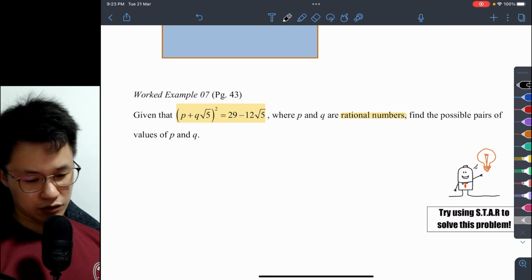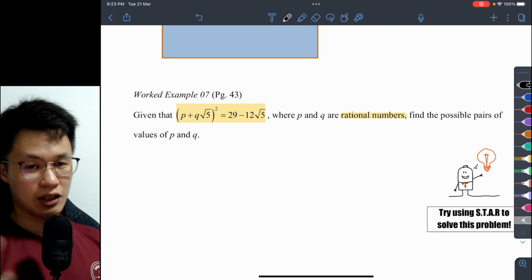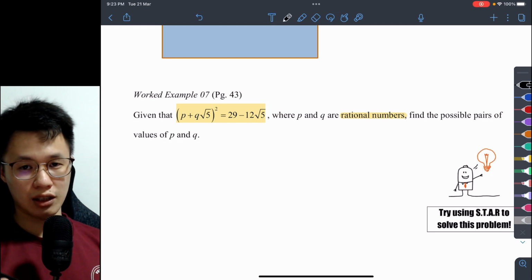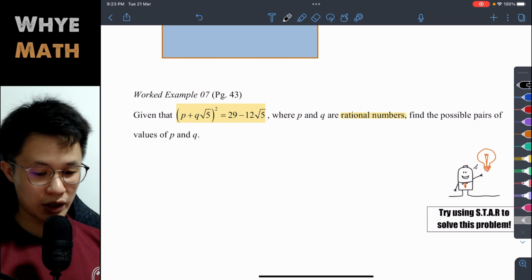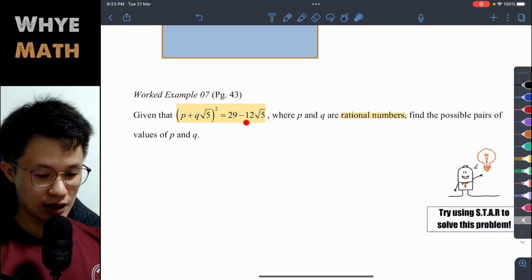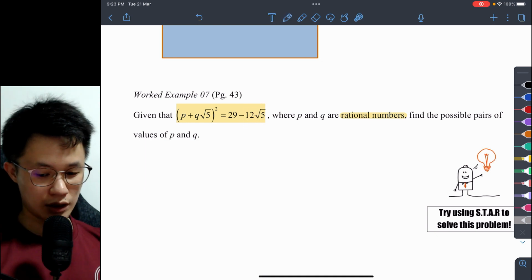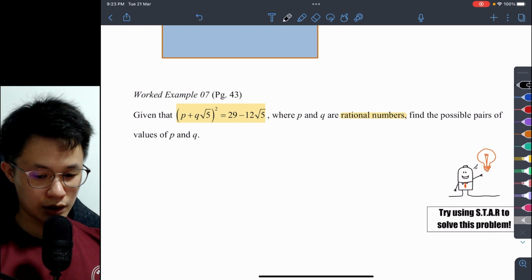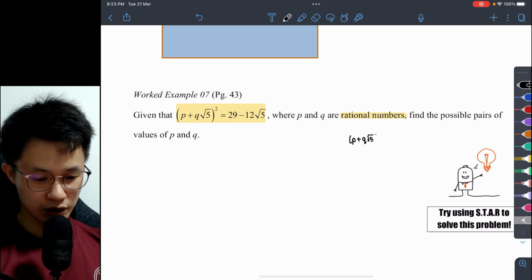So to note this down, I'm given an equation where the left hand side is a surd with a square, while the right hand side doesn't have a square on the surd. So in fact, my goal is to do some rough work here: equals to 29 minus 12 square root 5.